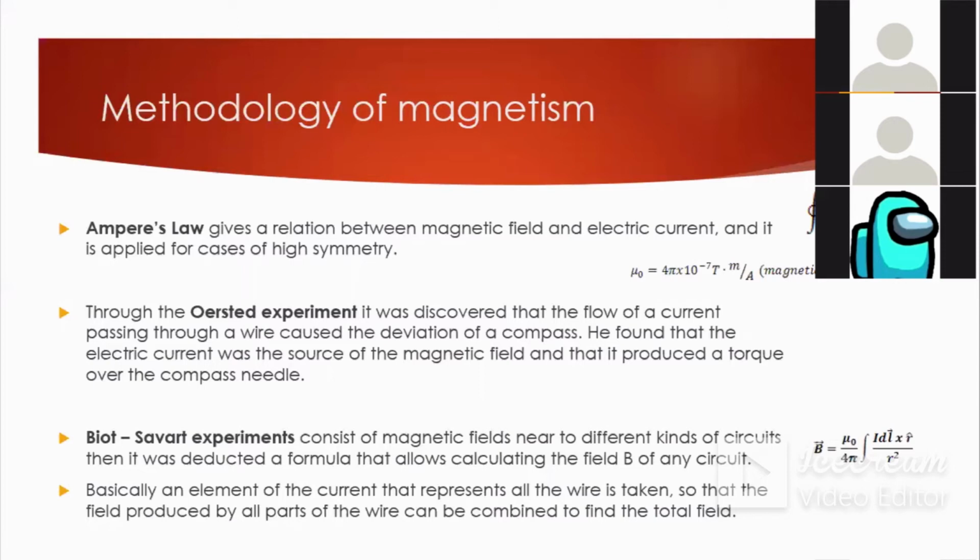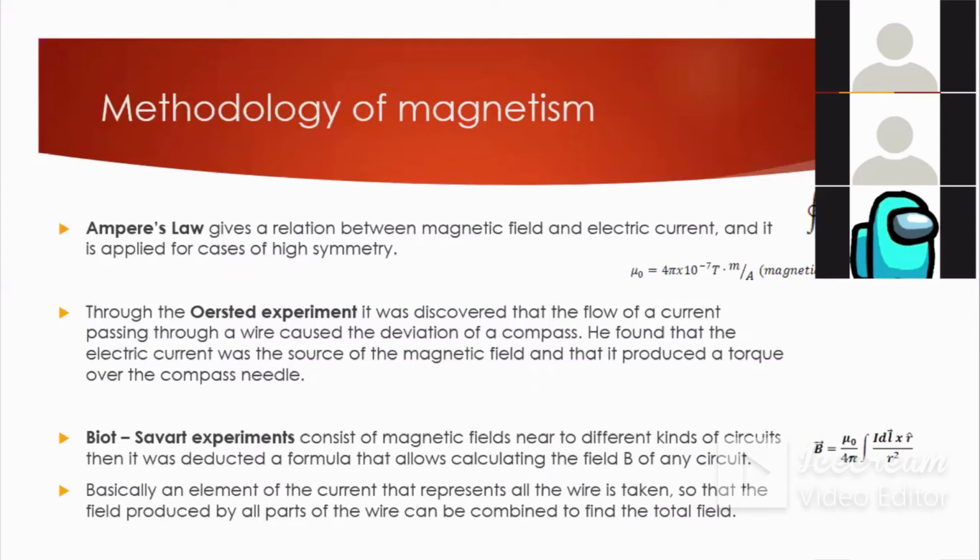This equation basically means that it is the sum of each individual piece of the wire, giving its magnetic magnitude, and it will always be constant for the permeability multiplied by the enclosed current.